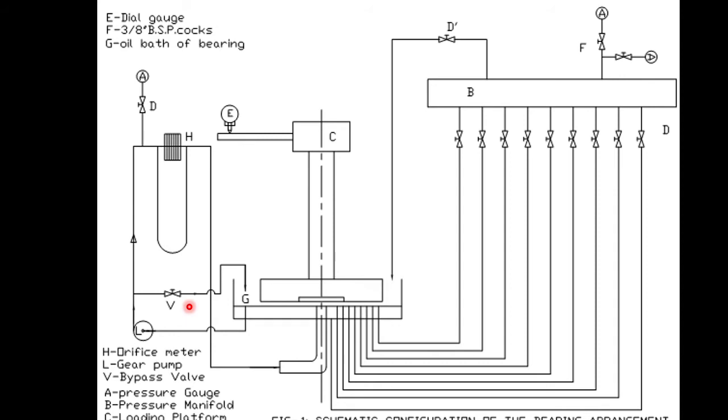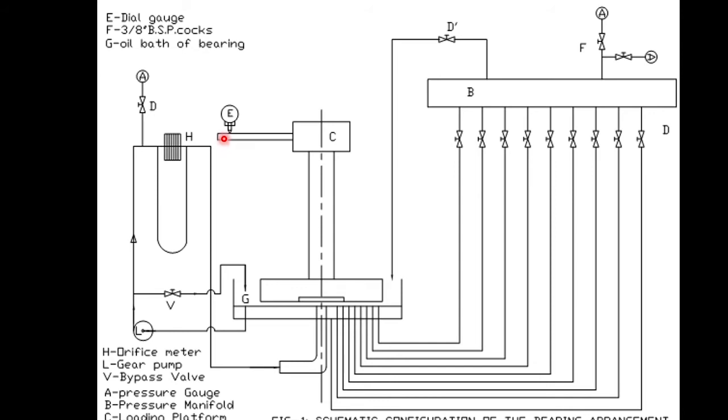And what next? Initially, say we are not running the pump, this is in contact, and at that point we have fixed a dial gauge on the top of this handle.